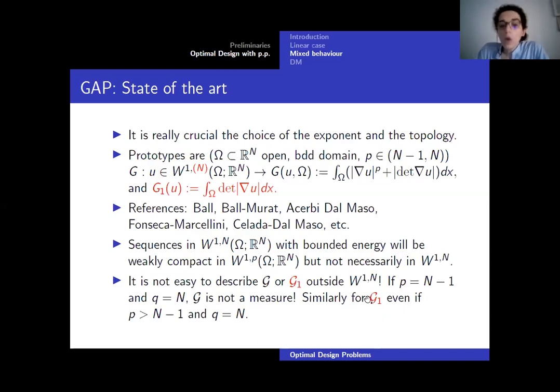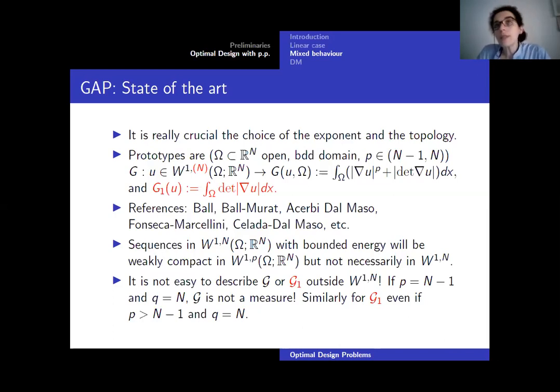Also in the case where p is equal to n-1 and q is equal to n, there is an example due to Celada and Dal Maso which proves that the relaxed functional of this energy G, using fields which are in W^{1,n} but with convergence in W^{1,n-1}, is not a measure. So the analysis that I was showing before, where there is no gap, cannot be performed, and the description of this relaxed functional is not so trivial.